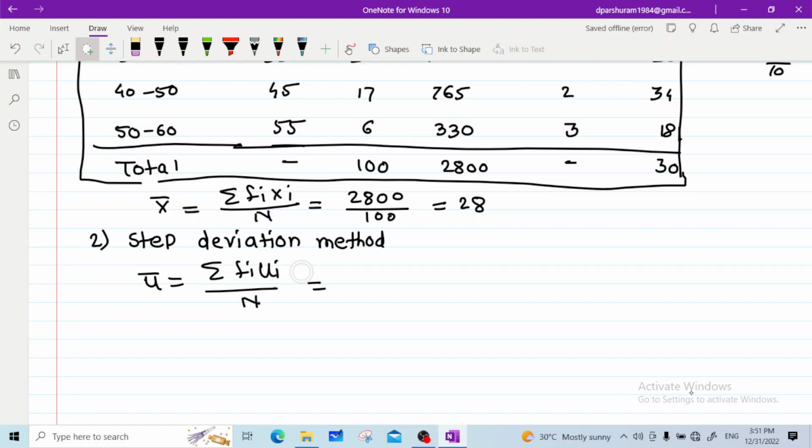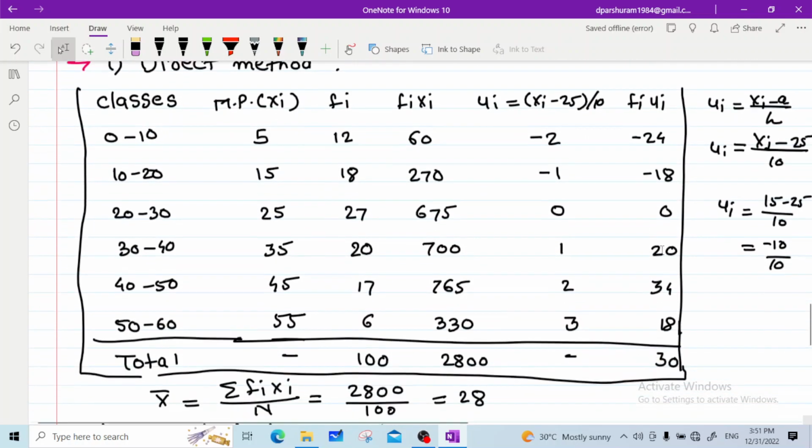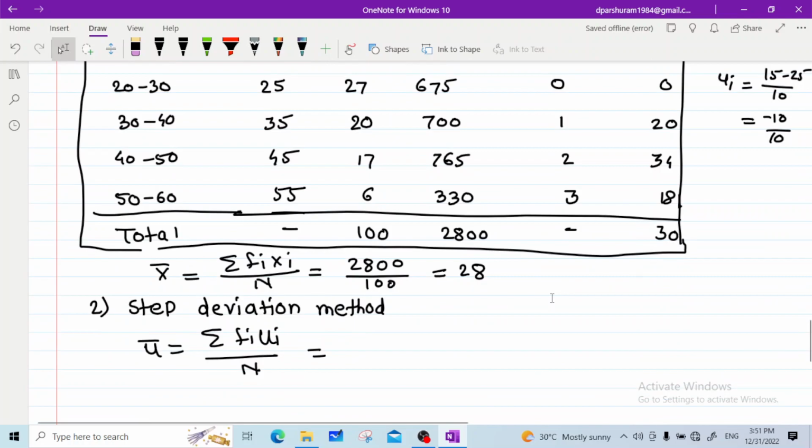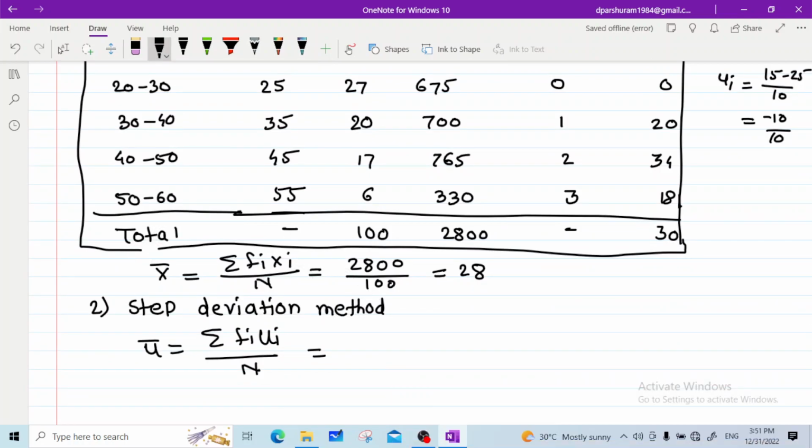There it should be summation fi ui. Okay. Now u bar is equal to summation fi ui divided by n. The value of summation fi ui is 30. 30 divided by 100, which is equal to 0.3.